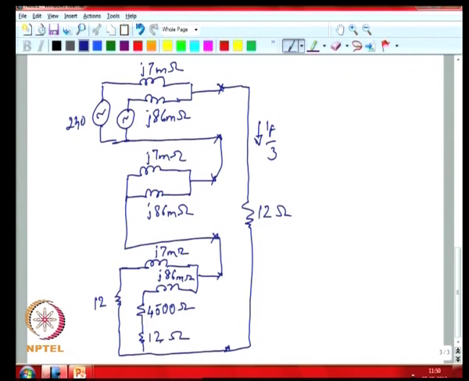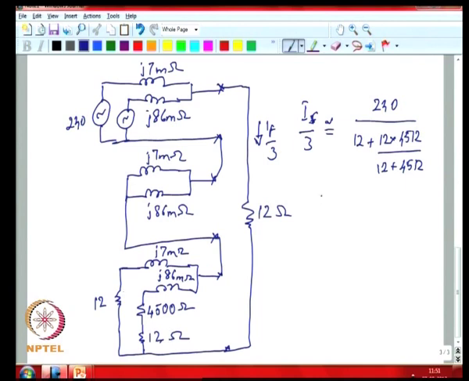And again you can see that the milliohms can be neglected compared to the 12 ohms and 4500 ohms. So, IF by 3 is the parallel combination of these two resistance circuits.